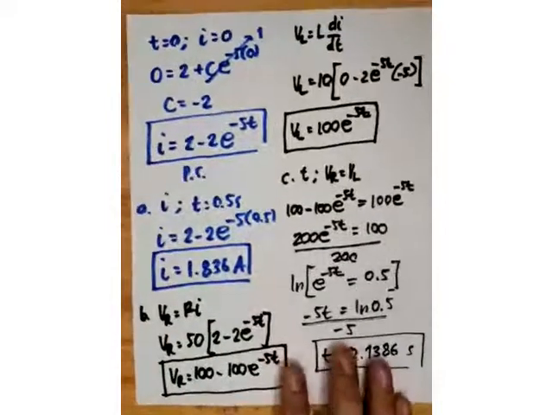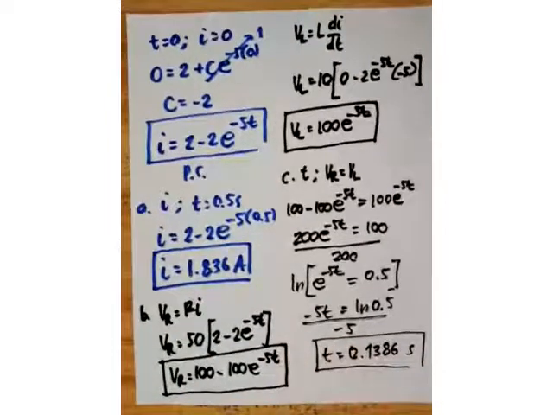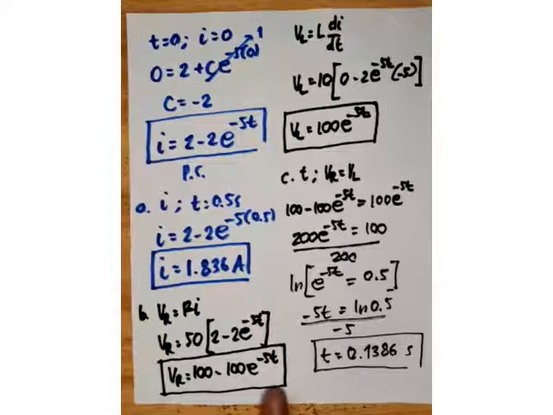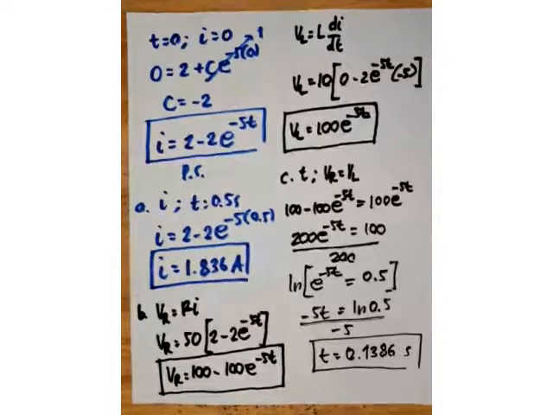Kasi di ba, VL plus VR, you add them, it should be equal to 100. So para mag-equal sila, 50-50 sila. Okay, so kailan sila 50-50? Ayan, 0.1386 seconds.